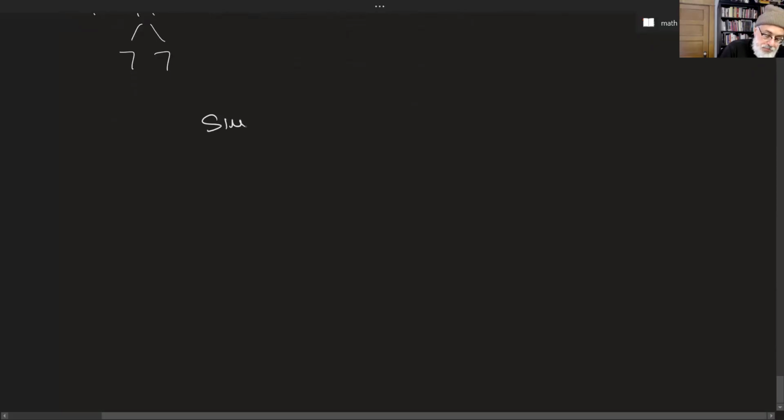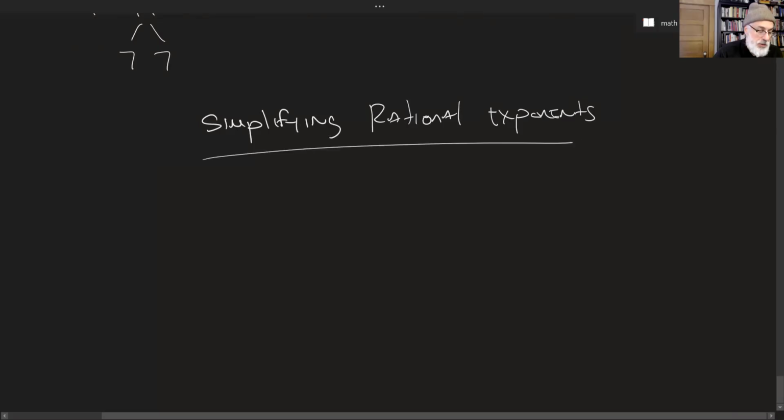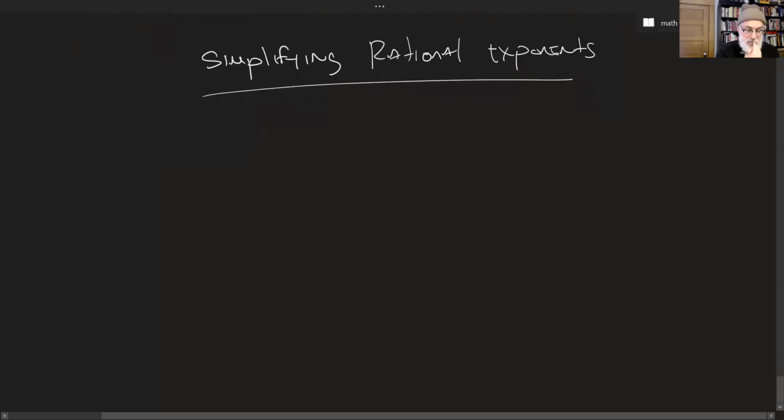All right, so let's look at simplifying rational exponents. So we had a rule in lecture 3. And again, I said I wasn't going to do too much, but let me write this real quick.